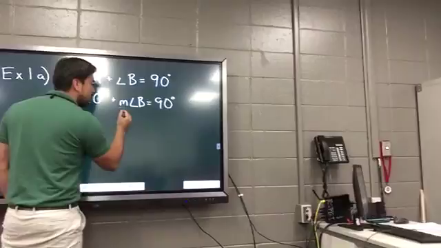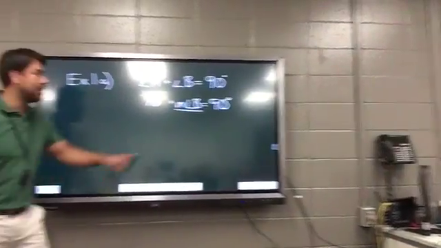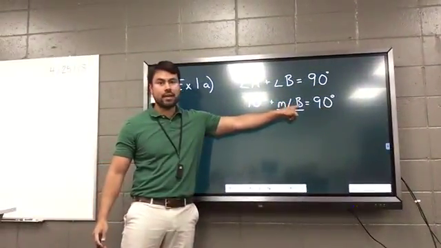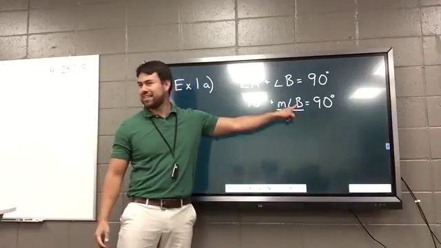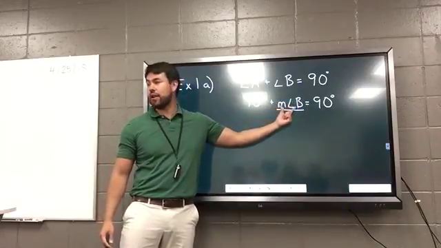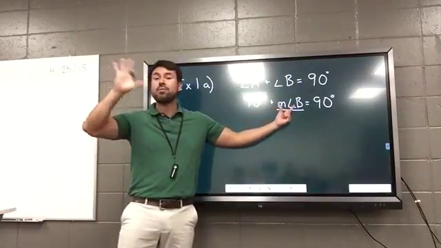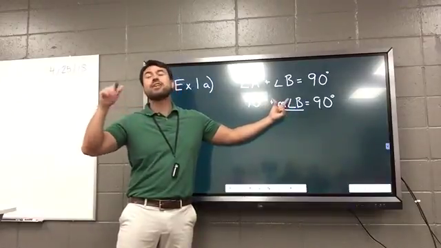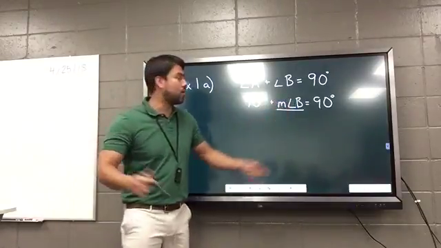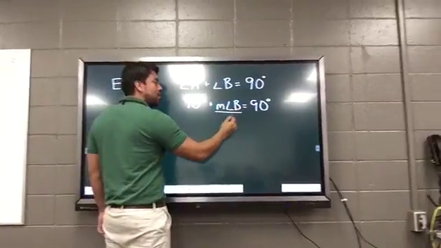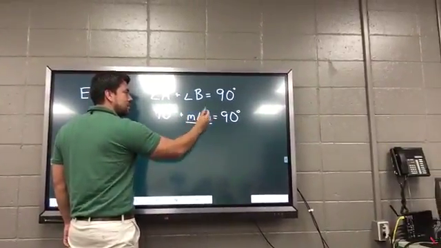Now, guys, if you're looking at this, you're like, what is that even saying? Measure of angle B. And you're like, why do they do that? Guys, do I know what the measure of angle B is just off the top of my head without looking at the problem? No. So isn't this an unknown? Isn't this an unknown technically?